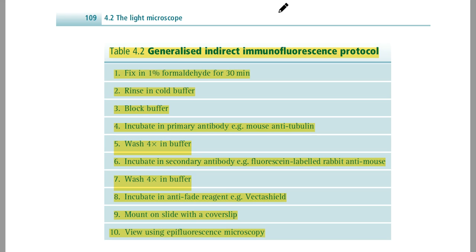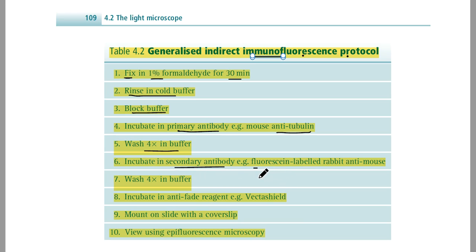Got it? So there is some procedure which has to be followed in this immunofluorescence protocol. What is that? First, fix in 1% formaldehyde for 30 minutes, rinse in cold buffer, block the buffer, incubate in primary antibody, for example mouse antitubulin, wash 4 times in buffer, then incubate in secondary antibody.